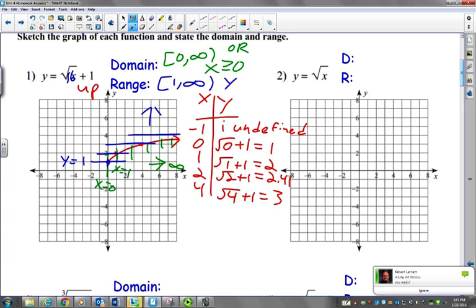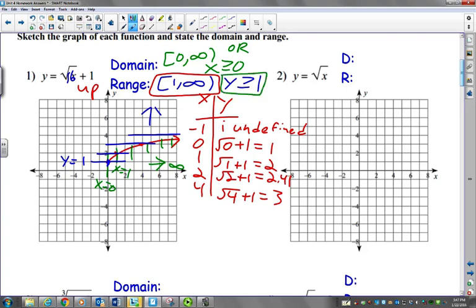So we'll say all values of y greater than or equal to 1. So that's our 2 different ways that you can write your range. Up to you there. Just be aware of how to write both of those.